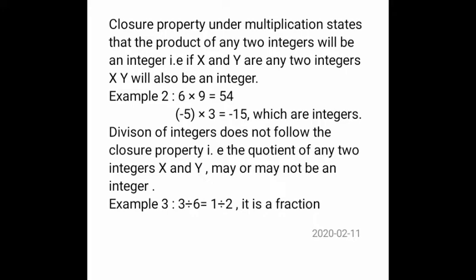Now we see division of integers. Division of integers does not follow the closure property. That is, the quotient of any two integers x and y may or may not be an integer. If we divide two numbers, sometimes it is not an integer. For example, if we divide 3 by 6, we get 1 by 2, which is a fraction.